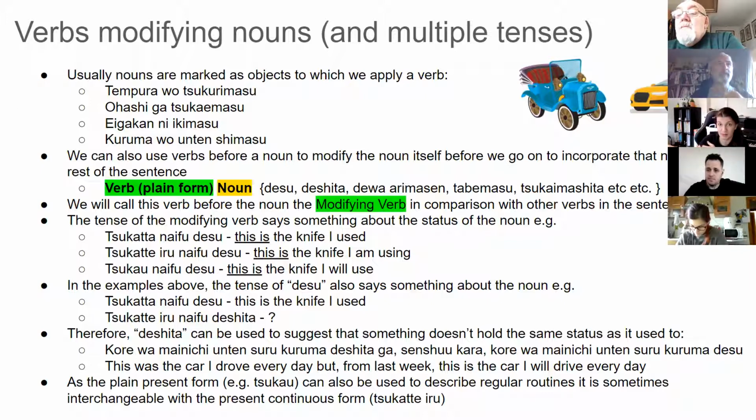Because it's still there, it's still mine. So it doesn't mean that I throw it away and I don't use it anymore. Sure. So in this case, you could say, これが肉を切ったナイフです。 Or これが肉を切ったとき使ったナイフです。 Yeah, this would be fine.